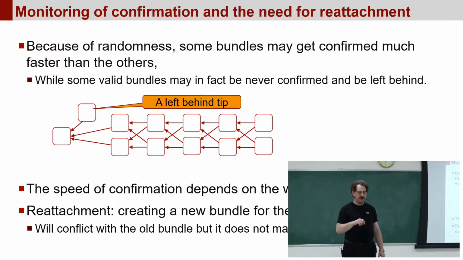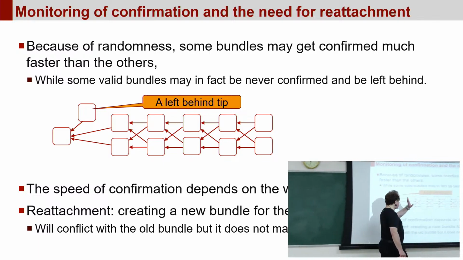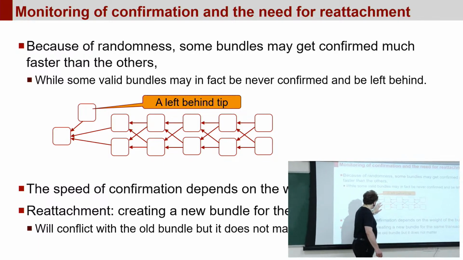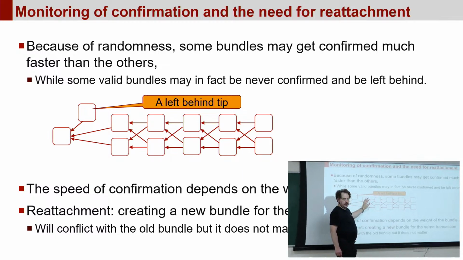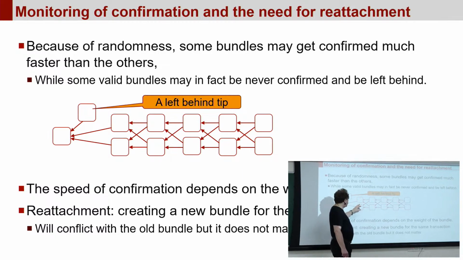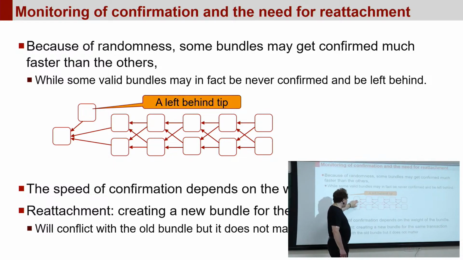So in practice, I can only be sure that the transaction is valid after some time if there are enough later transactions that build on top of the old transactions. So the confirmation in IOTA is also quite a complex algorithm, right?